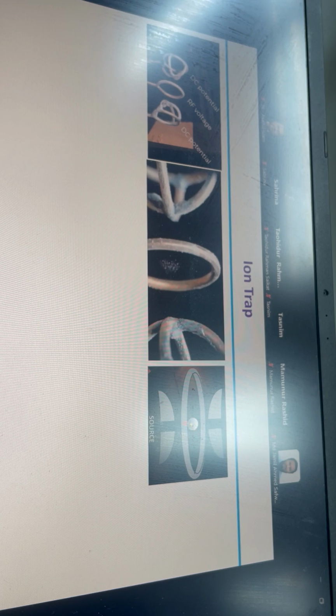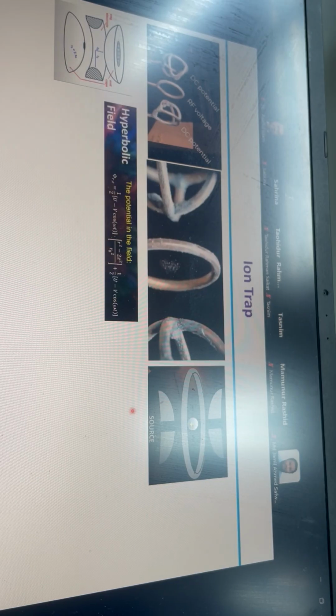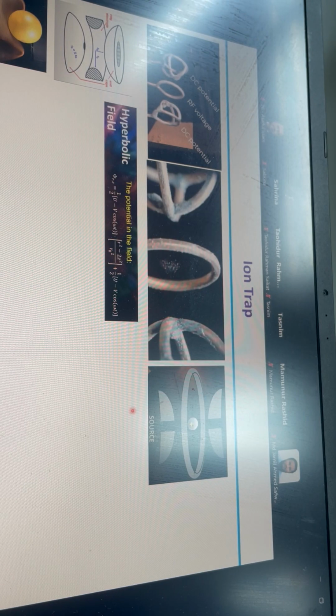So this is the circular electrode in the middle, and these are the two entrance and exit electrodes. So how are ions trapped actually? It follows a hyperbolic field.